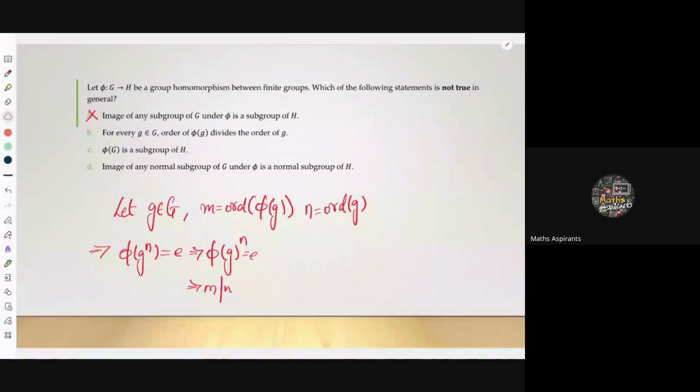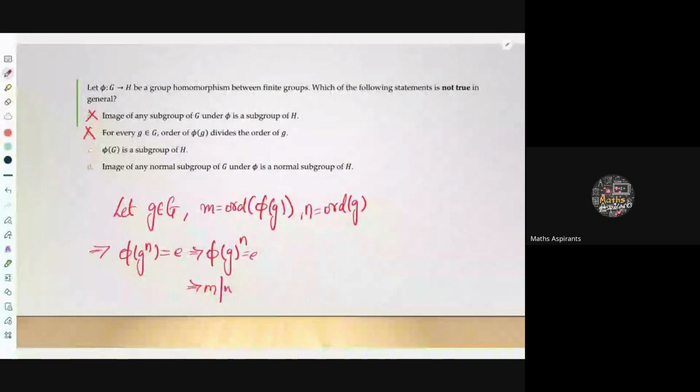If we take m as the order of phi of g and n as the order of g, we have phi of g power n is e, which means the order of phi of g divides the order of g. So this is actually true in general, so this is not the answer we want.